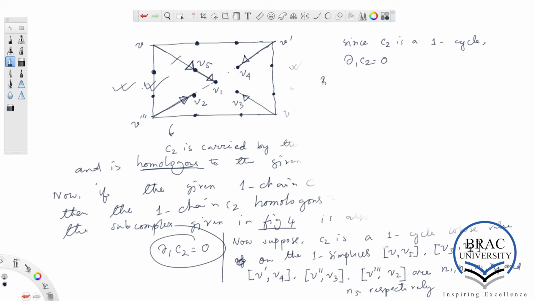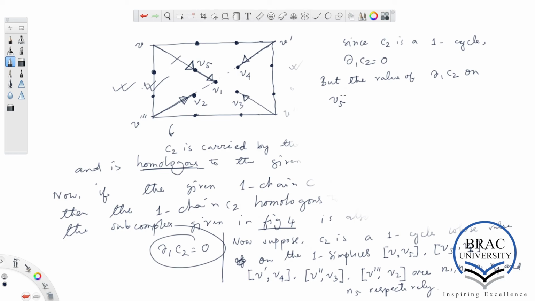But the value of del 1 C2 on say V5, okay.